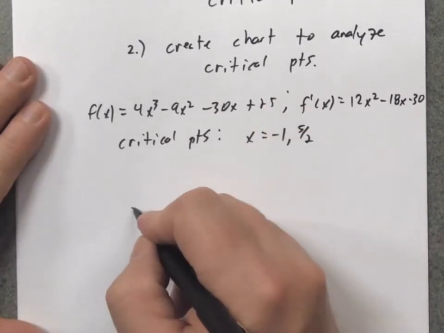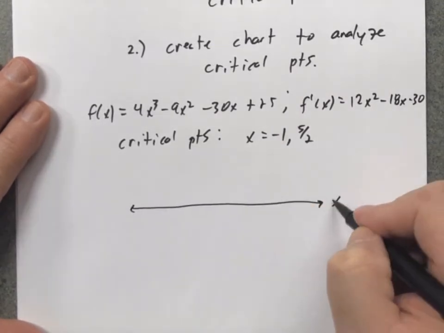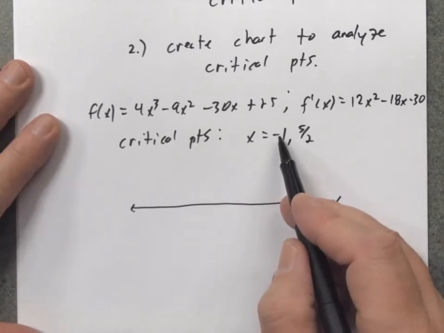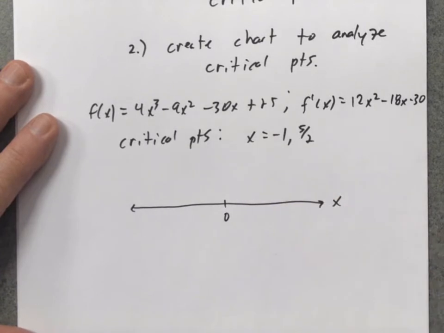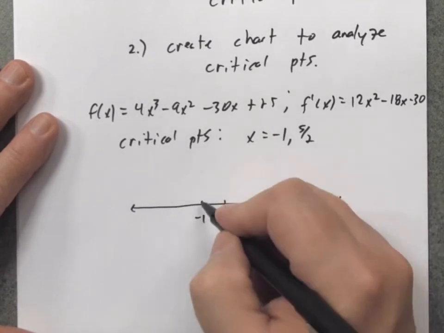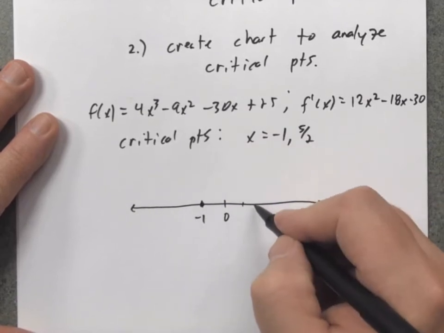So here's what I'm talking about. It's almost like I do an x-axis here, and I'm going to mark each of my critical points. In other words, if 0 is here, here's -1, and 5/2 is like 2.5.